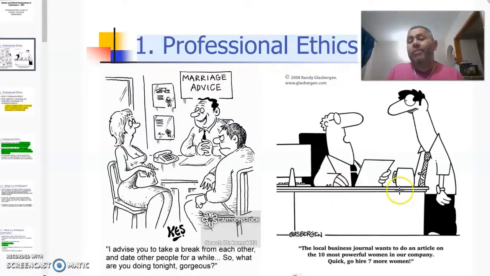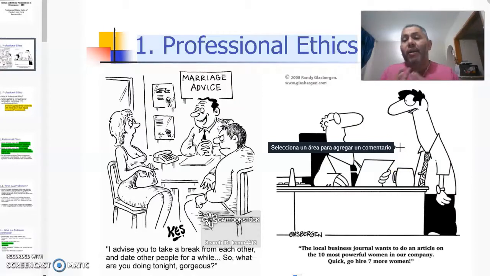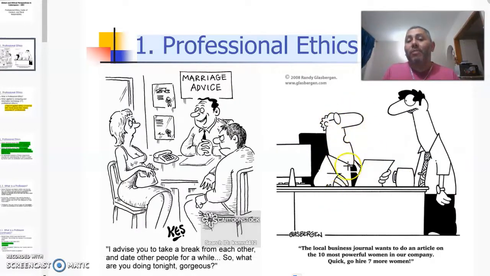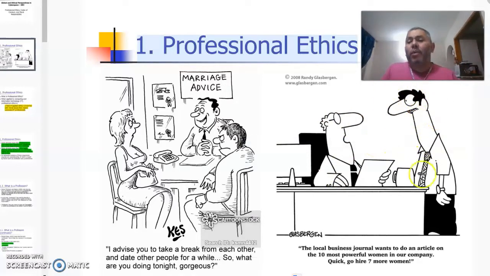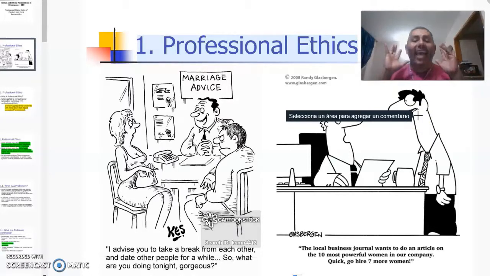On the other hand, we have a similar professional situation where we can see a boss or a director or a manager talking to his employee, and the conversation is about the following. "The local business journal wants to do an article on the 10 most powerful women in our company.